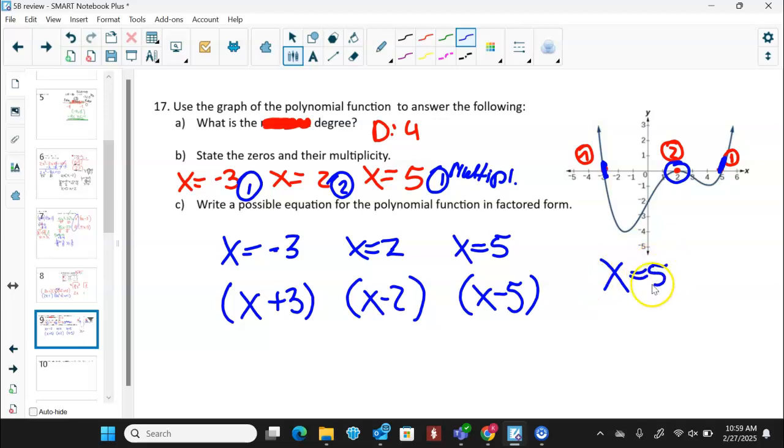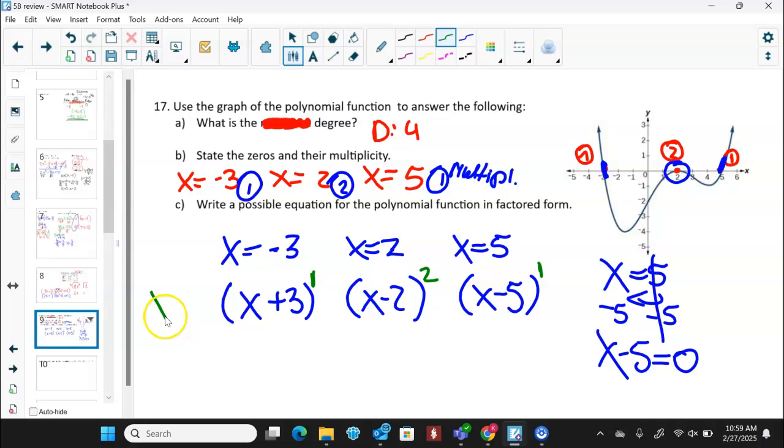Because if x equals 5, I need to subtract the 5 from both sides to make it x minus 5 equals 0. Okay, and I do it for every single one of them. Now the multiplicities, for -3, it's 1. For 2, it's 2. And for 5, it's 1. So your final function would be x plus 3, x minus 2 squared, and so on, okay? All right, moving on to the next question.